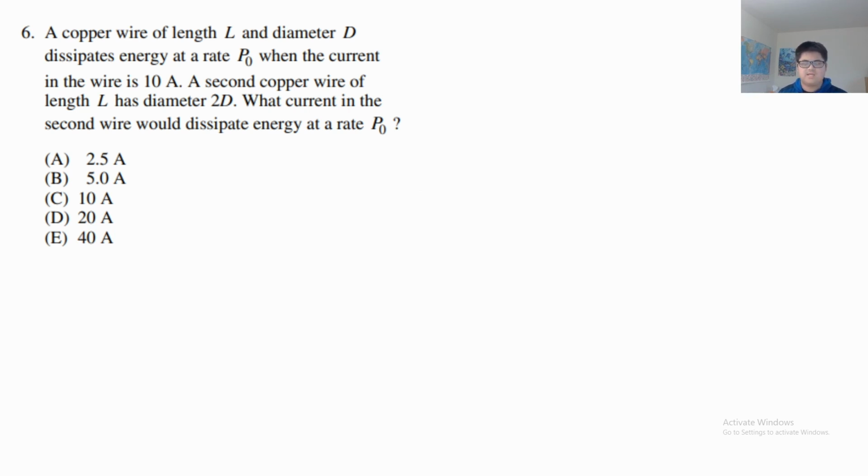P equals IV. A good way to remember this is that the Ivy League schools have a lot of power, so in this scenario, P equals IV. Now, since V equals IR, voltage equals current times resistance, you can write this as P equals I squared R.